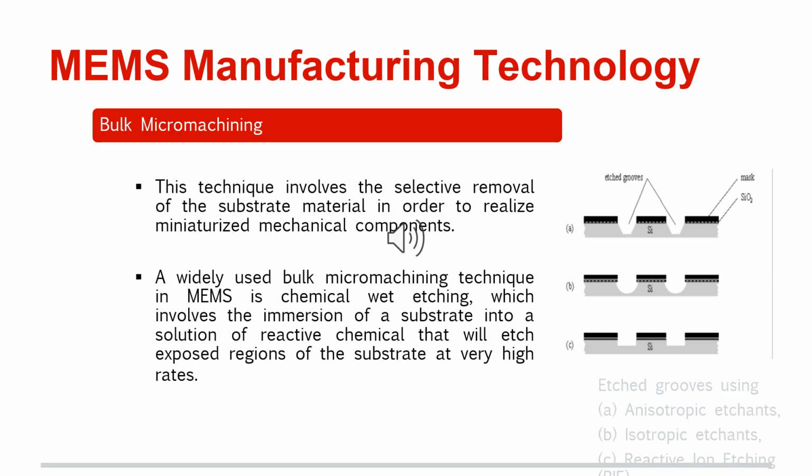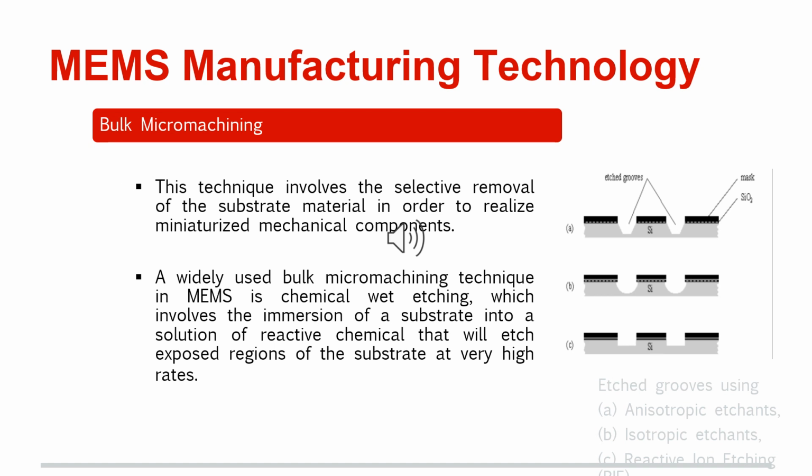Micromachining technique involves selective removal of substrate material to realize miniaturized mechanical components. So the etch grooves use three types of etchants. First is anisotropic etchants, second is isotropic, and third one is reactive ion etching.